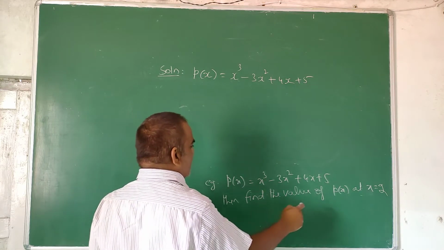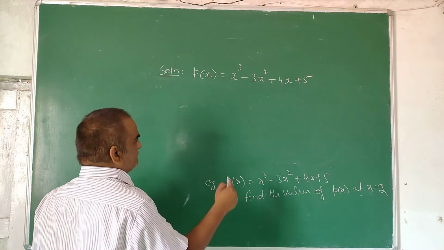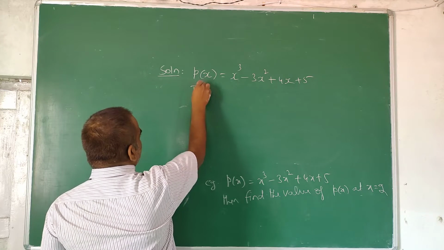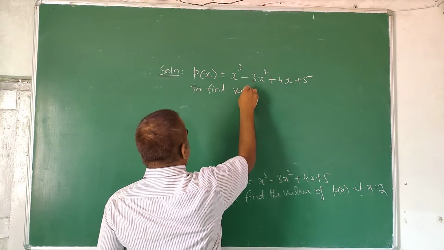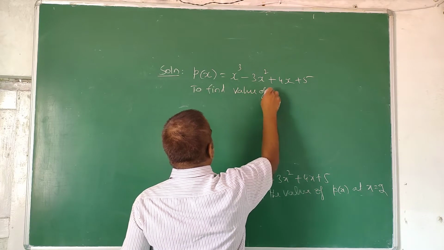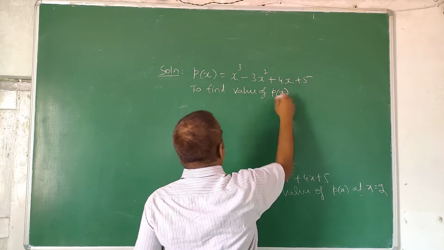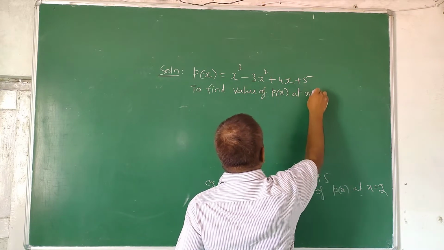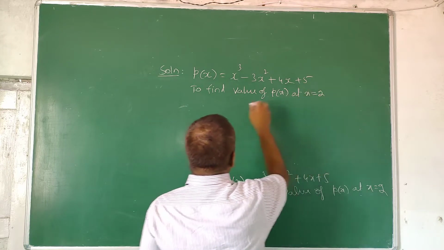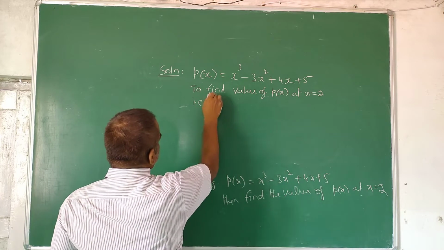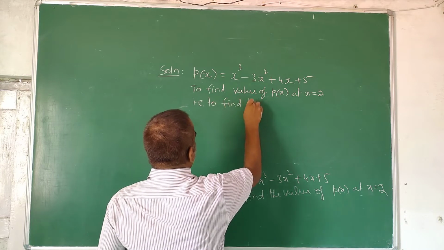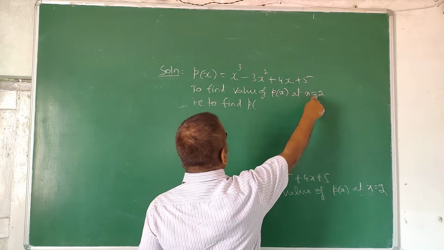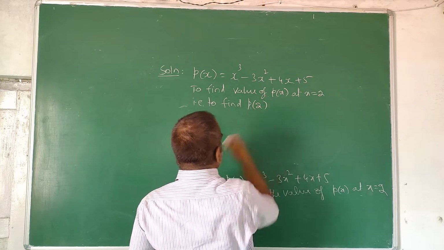Now we need to find the value of p of x at x is equal to 2, that is, the value of the polynomial at x is equal to 2 means p of 2.